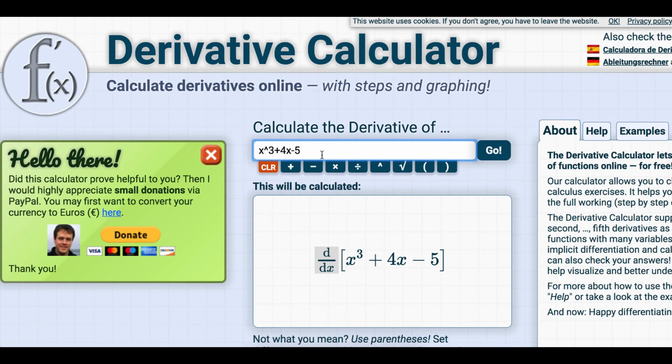Plug in examples like that into the slot and try to solve them by yourself. See if you reach the same conclusion as the calculator does. Practice a lot, and at the end you'll be able to master the derivative rules and differentiation in general. If you utilize this tool, it could be a very, very useful practice tool. So with this we come to the end of this lecture.